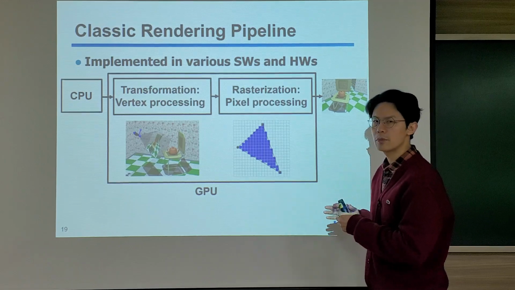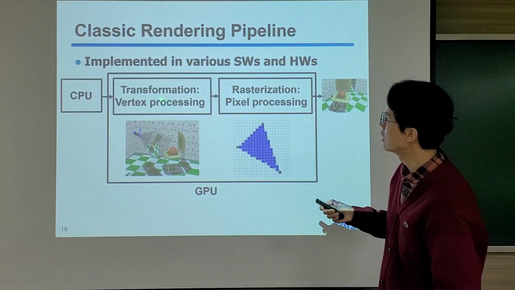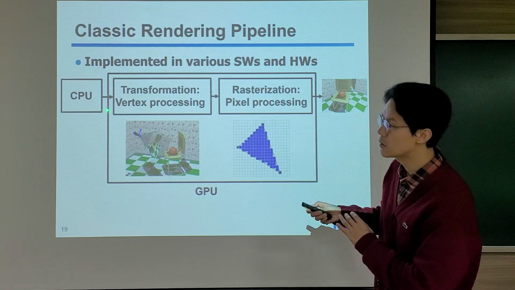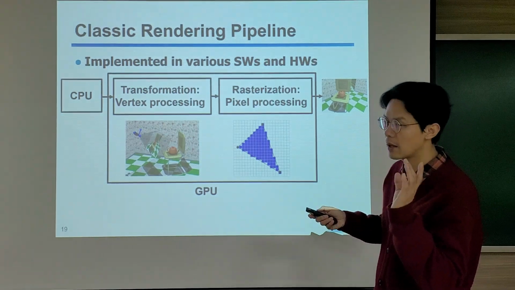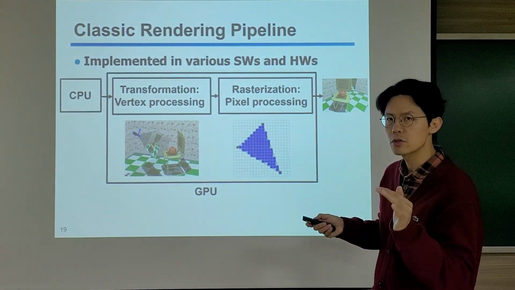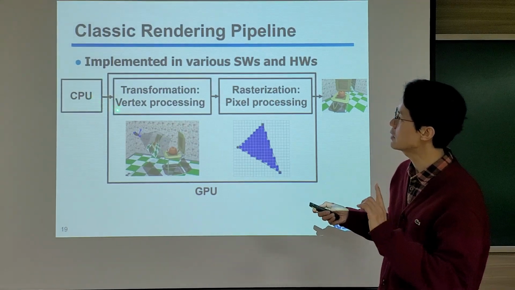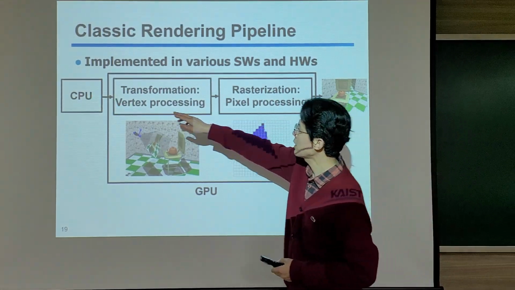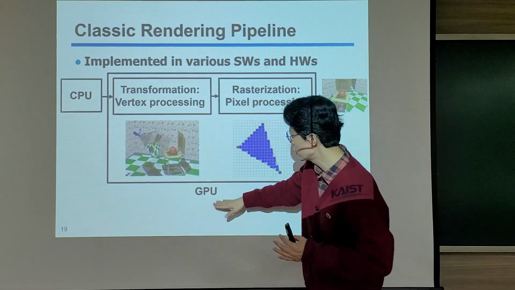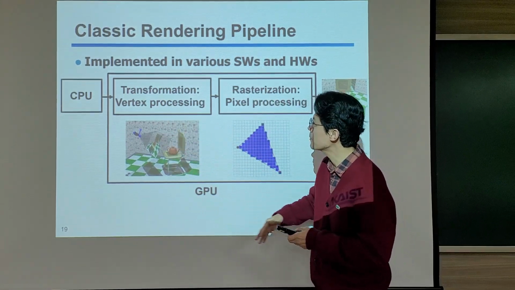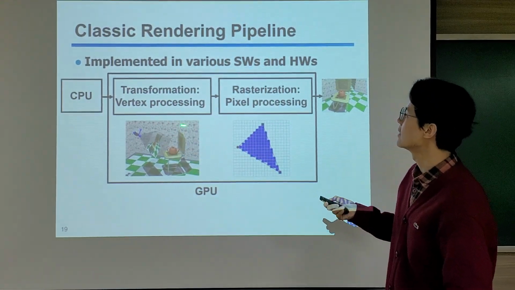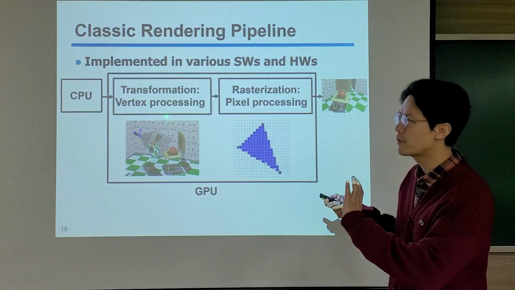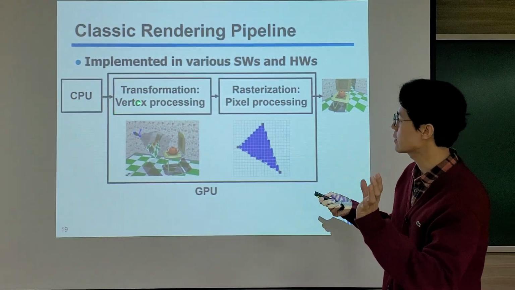There is some change from when we specify this information with the CPU. Since we are using OpenGL, we execute those API calls on the CPU with the vertices, and then we send that vertex information to the GPU, the graphics processing unit, the NVIDIA chip, right? Then we transform those vertices, which we call vertex processing.